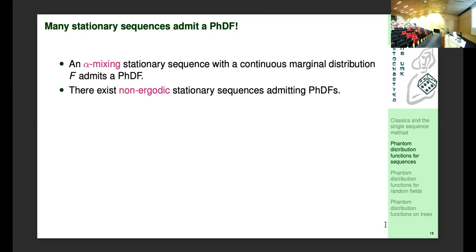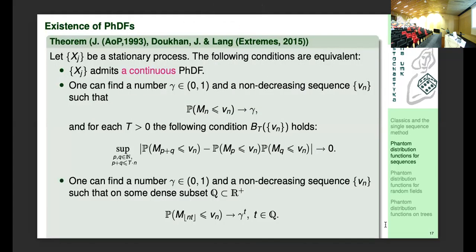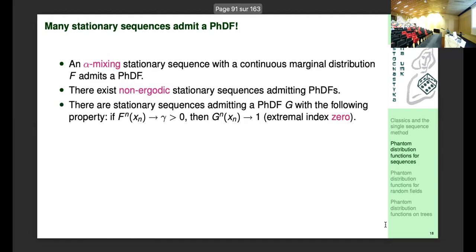This means that the condition we previously introduced suggests some kind of asymptotic independence, but there is no asymptotic independence in the original sequence, only on right tails, because we can find non-ergodic stationary sequences. So with some internal structure, but still they have a phantom distribution function.